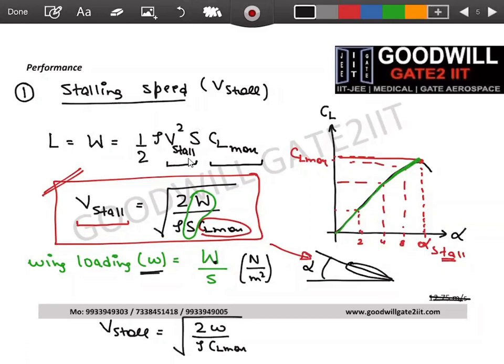Is it clear? Perfect. So let's move ahead and understand the equations in a slightly better way.